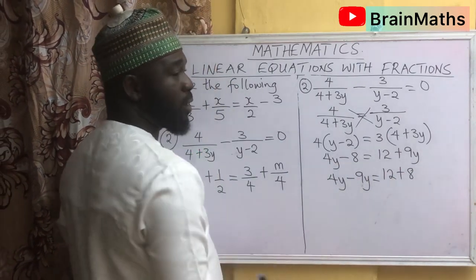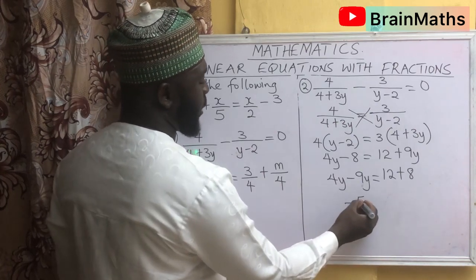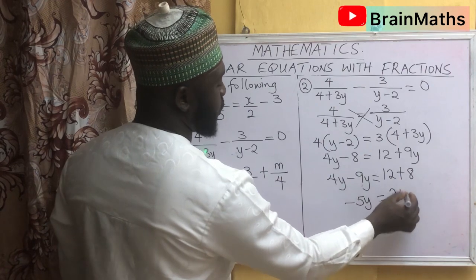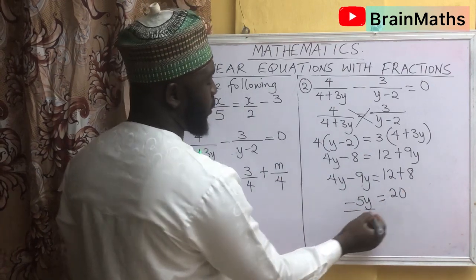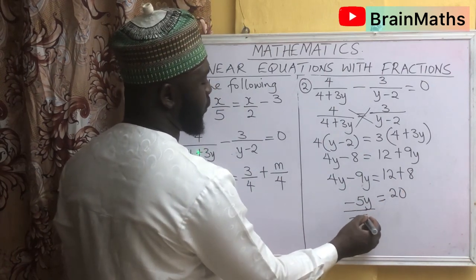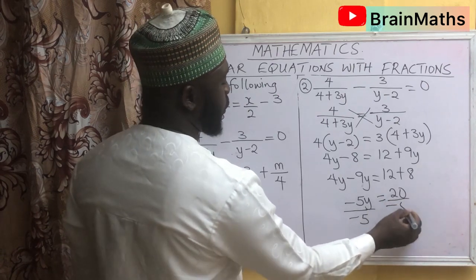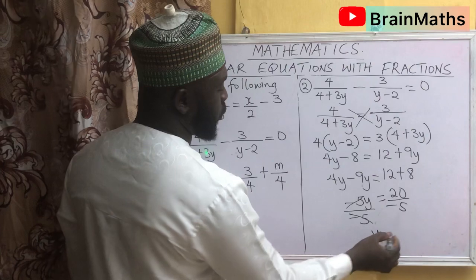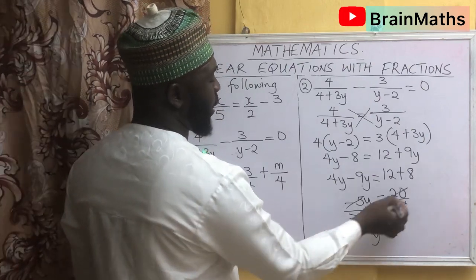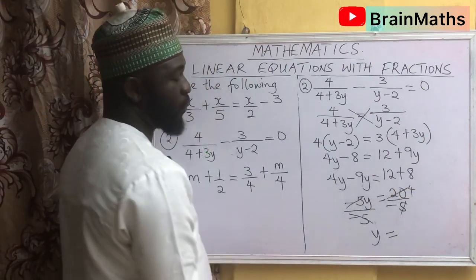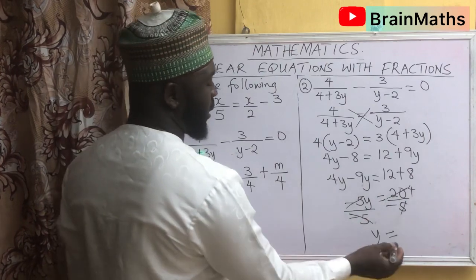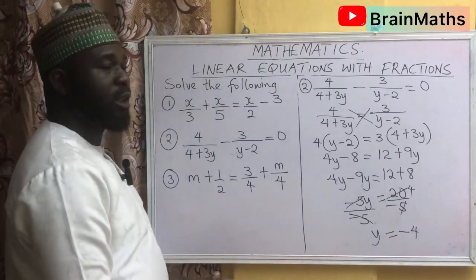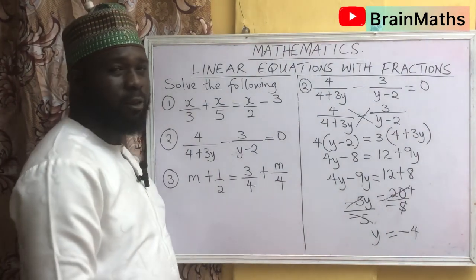So we have 4y minus 9y, which is minus 5y, equals 12 plus 8, that is 20. We are looking for the value of y, and the coefficient of y is minus 5. So we use that to divide both sides, leaving us with y equals, how many 5 can we get in 20? That is 4. So not forgetting the negative, our answer for question number 2 is y equals minus 4.